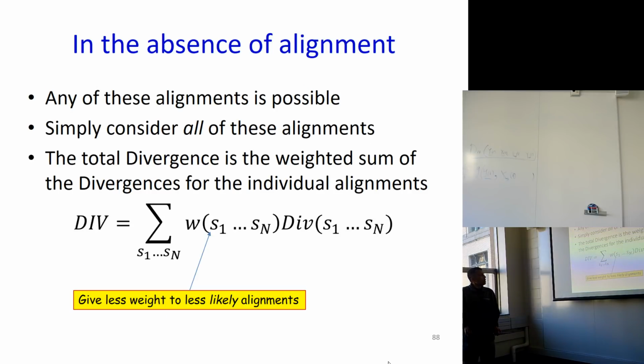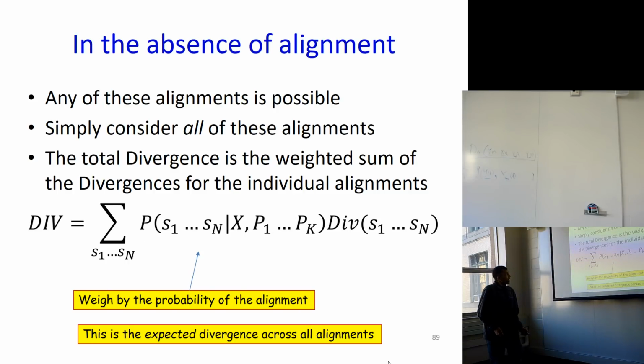So you want to give less weight to less likely alignments and more weight to more likely alignments. Let's quantify this. I can say I want to weigh by the probability of the alignment. So what is this thing that we're actually looking at over here? This is the expected divergence over all alignments. Every alignment has a probability.